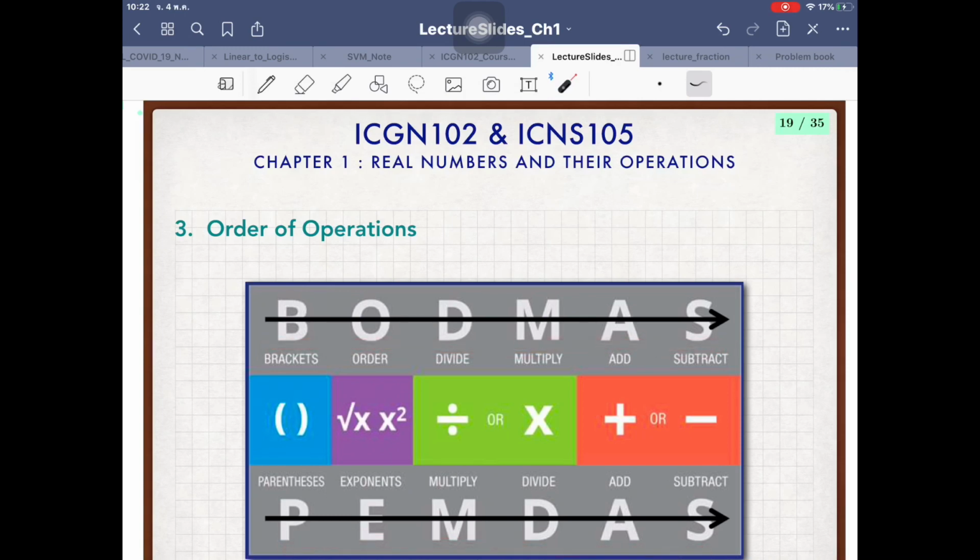For the operation, we're going to start with the term on the left, which is the bracket. So it means that the bracket will be the first priority that you need to apply the operation.